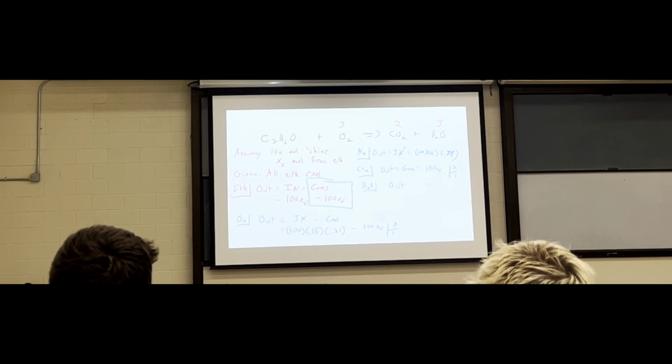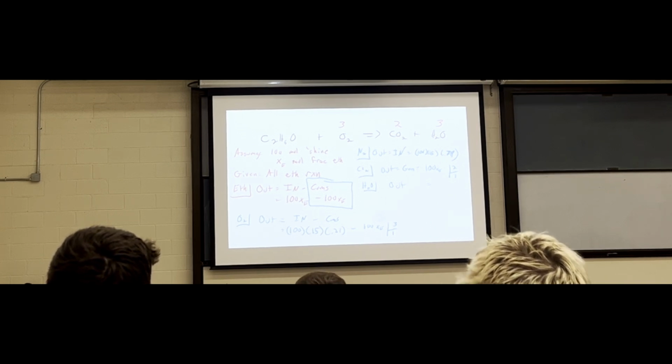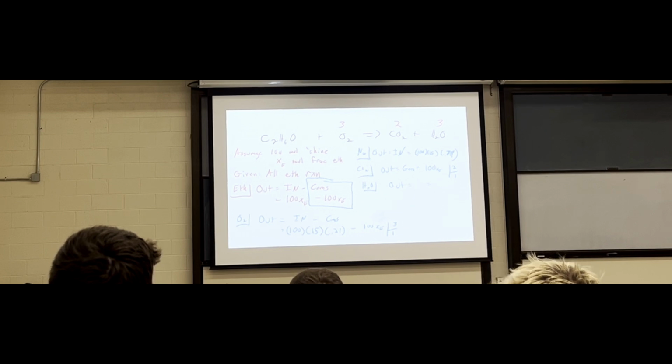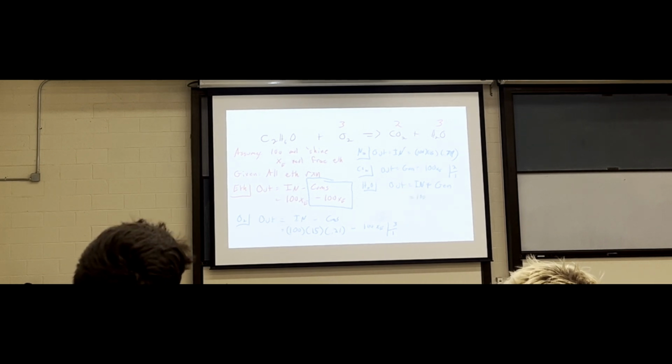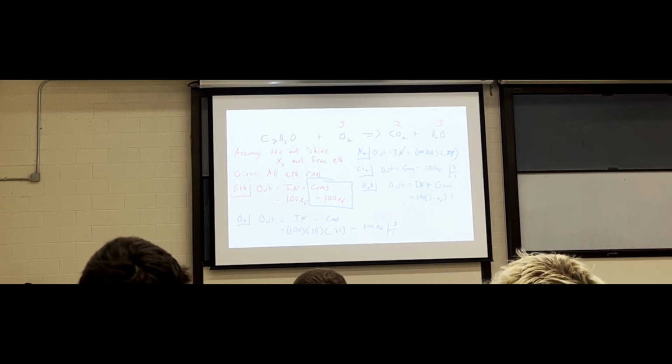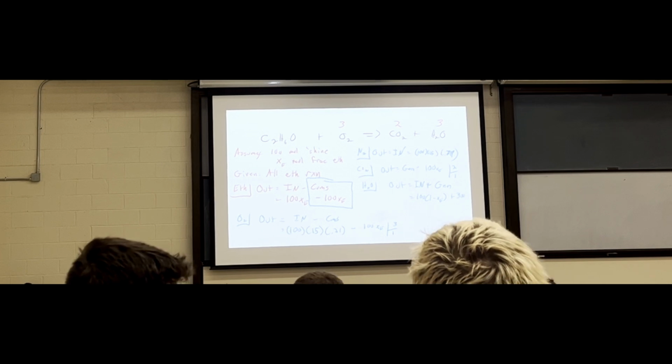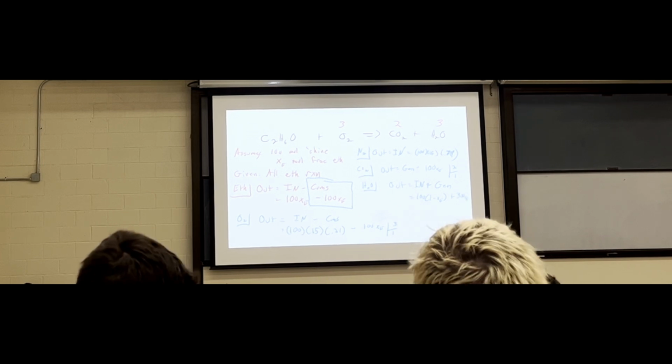Oh, except, I almost did it too. Don't get it twisted, I can make mistakes as well. The inlet is everything that's not ethanol from my moonshine feed, and then the stoichiometric based on that consumption term.